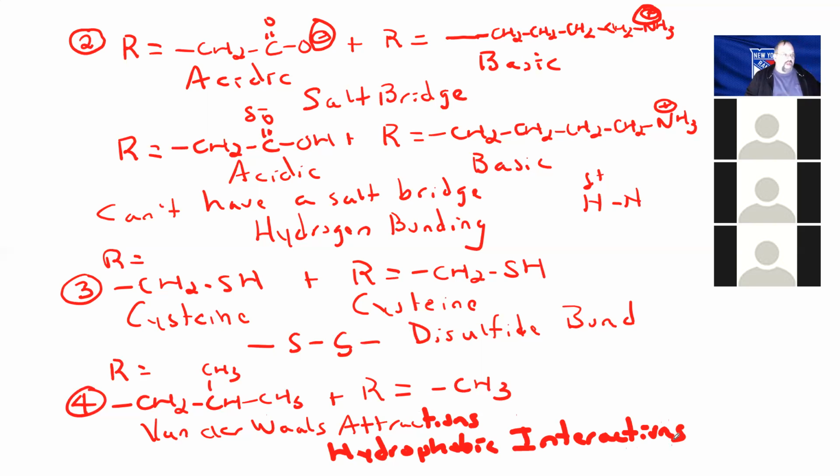Okay. So you have those dispersion forces that would result, and that essentially would give you your hydrophobic interactions. Okay. All right. So that's a little bit about the tertiary level of protein structure.